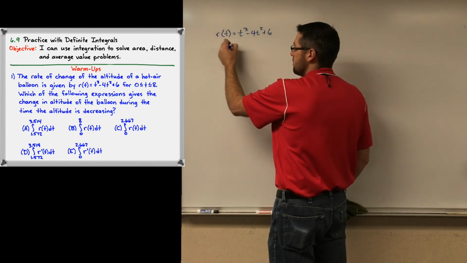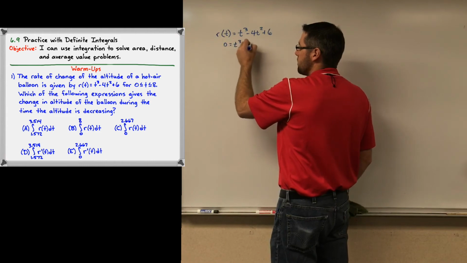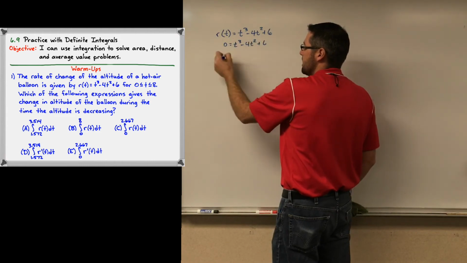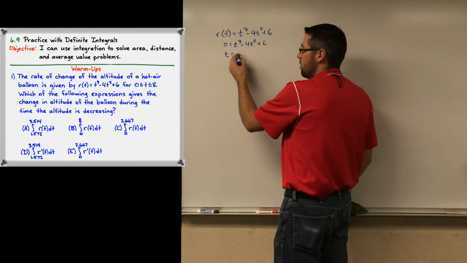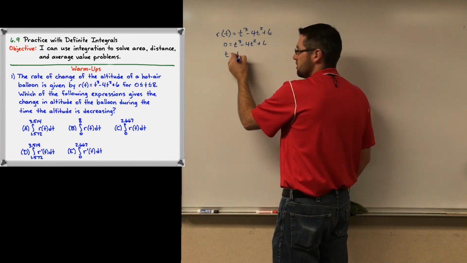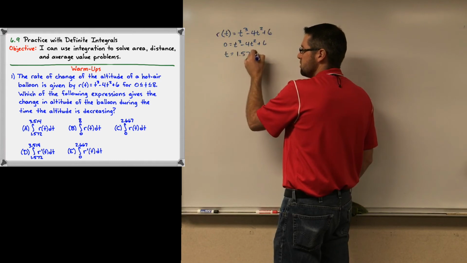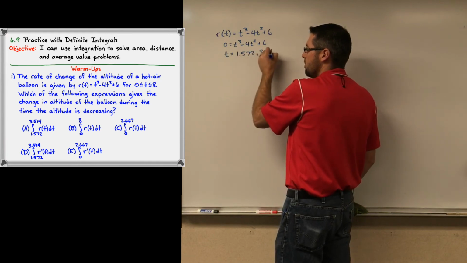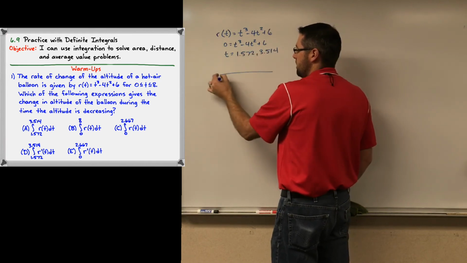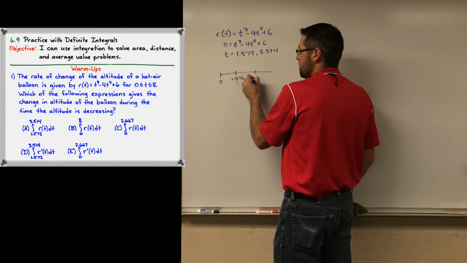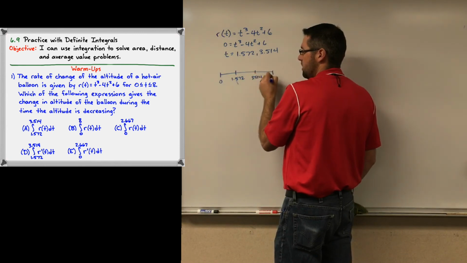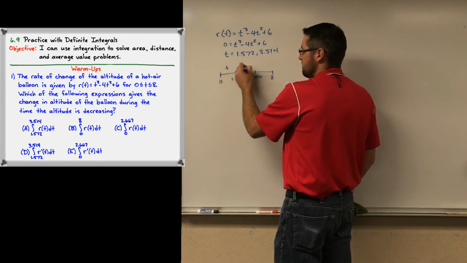I'm going to show all the work here. I'm going to set this equal to 0, and that's t equals a lot, but we're only looking at this time domain. So the zeros are 1.572 and 3.514. If I was going to do a number line, we would start at 0, then 1.572, 3.514, and then 8. And this is positive, negative, positive.